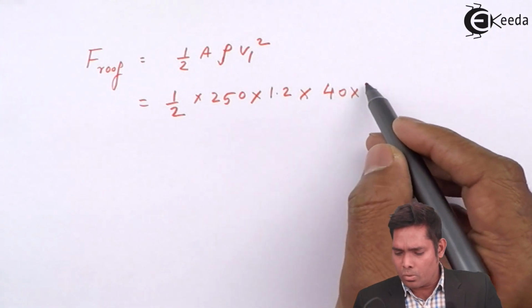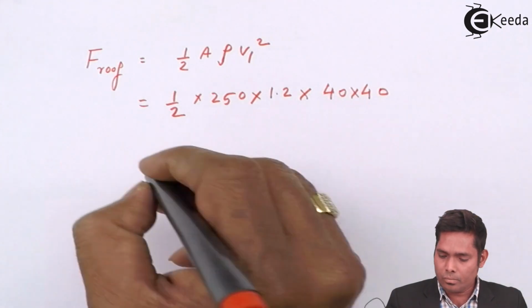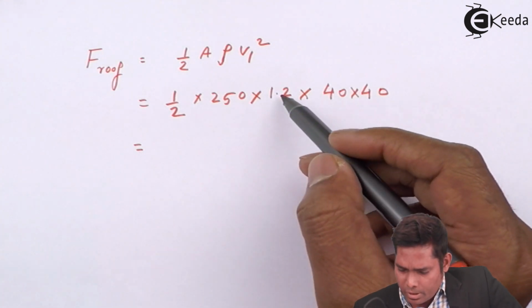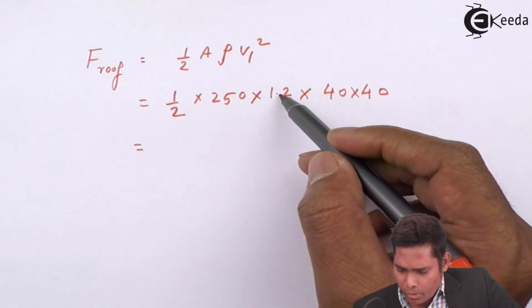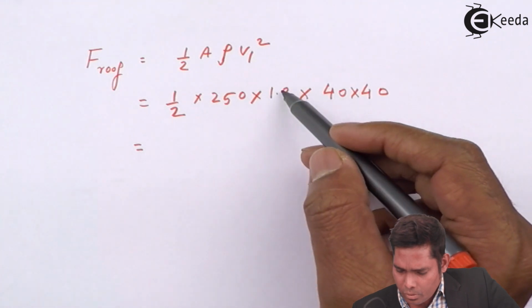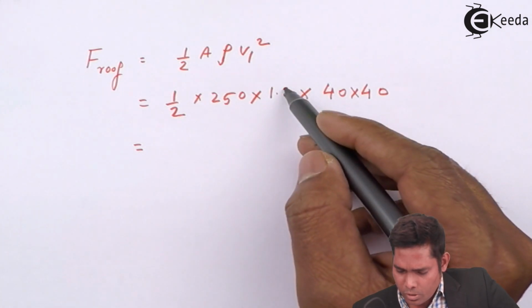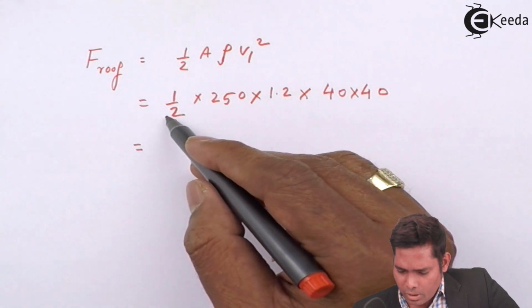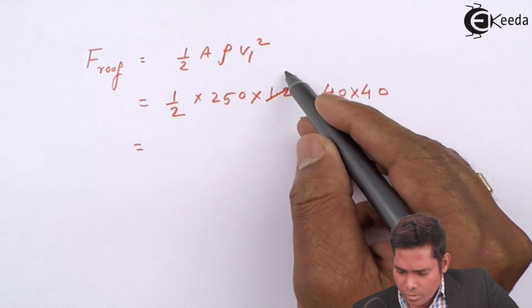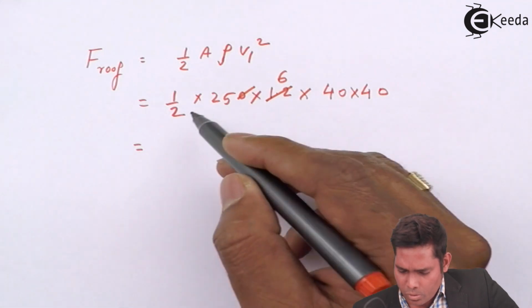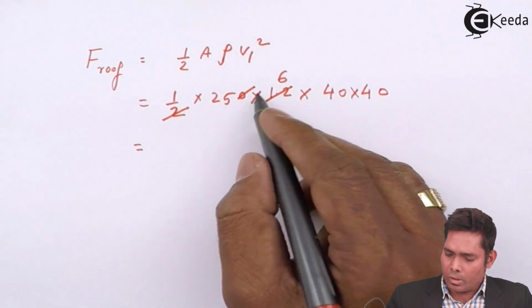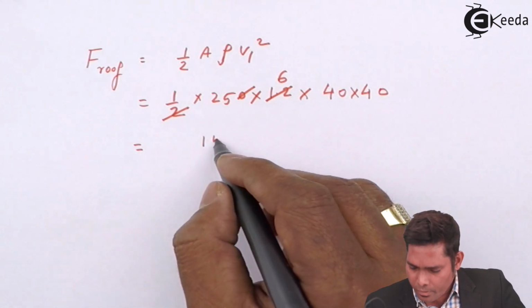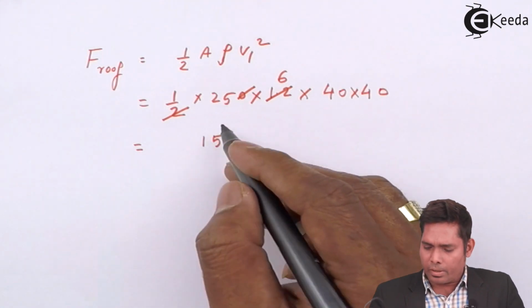So it will be 40 into 40. If I solve this, 12 by 10, this 0 goes, this 2 goes, and this is 150.